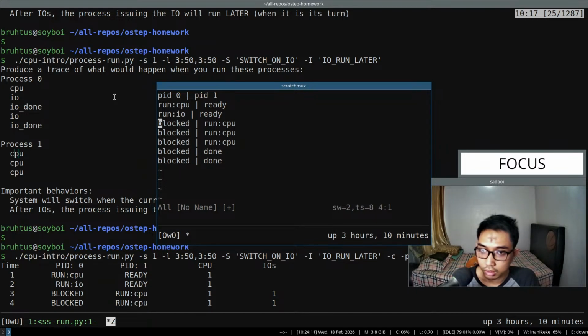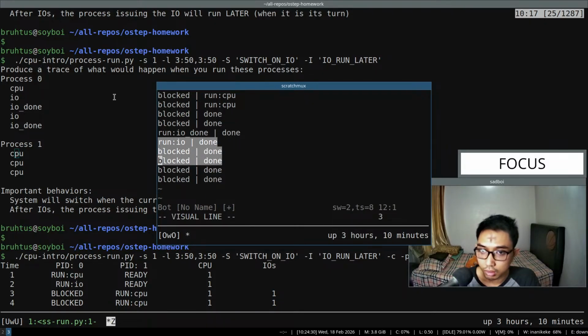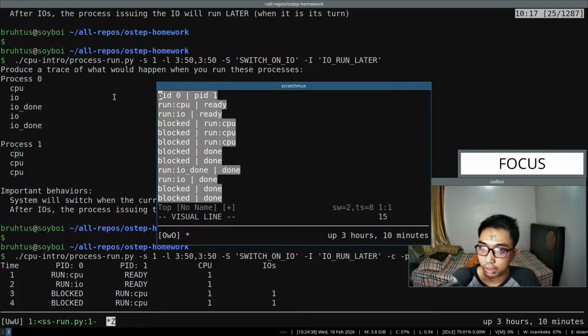Right? 1, 2, 3, 4, 5. Then run, input, output done. And then run another. This one. 1, 2, 3. Oh, 1, 2, 3, 4, 5. Maybe something like this.